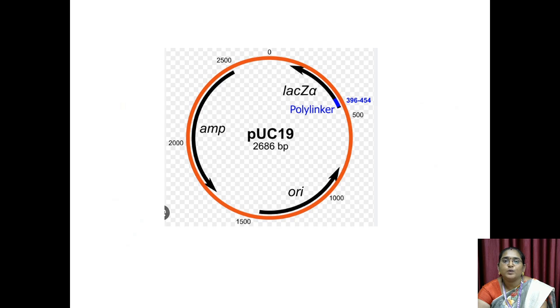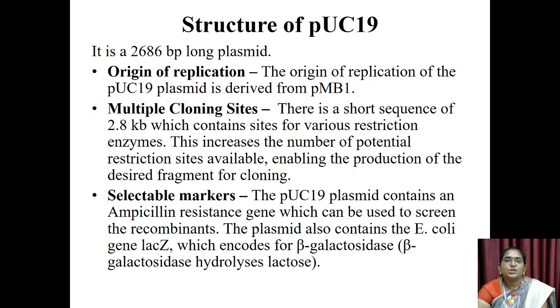The structure of pUC19. The structure of pUC19 is a 2686 base pair long plasmid. Origin of replication. The origin of replication of the pUC19 plasmid is derived from pMB1. Multiple cloning sites. There is a short sequence of 2.8 kilobase which contains sites for various restriction enzymes.